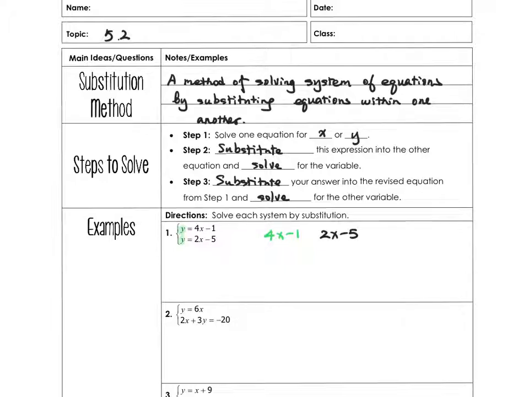Isn't that the same as telling me 4x minus 1 equals 2x minus 5? So you're substituting this part into the second equation. Okay, I'm going to call that the first equation and the second equation. You take the y in the first equation, you just dump it into the second equation wherever you see y.